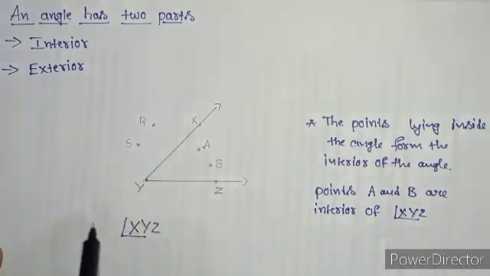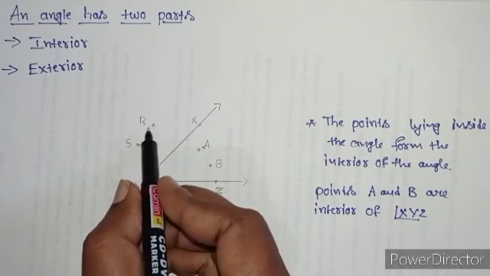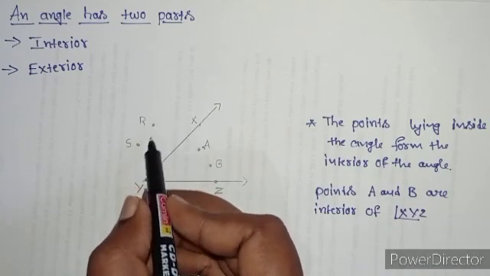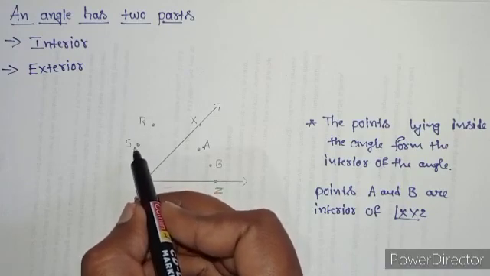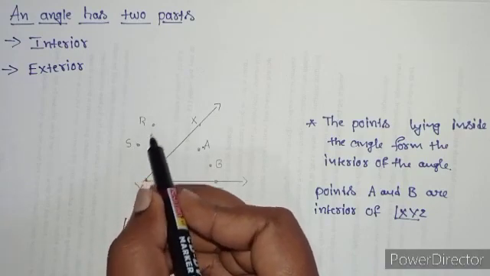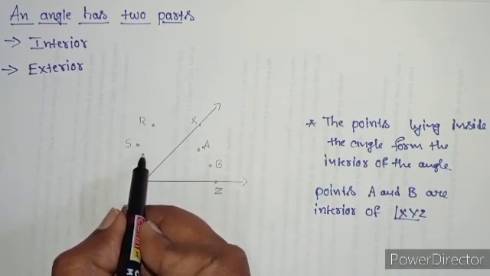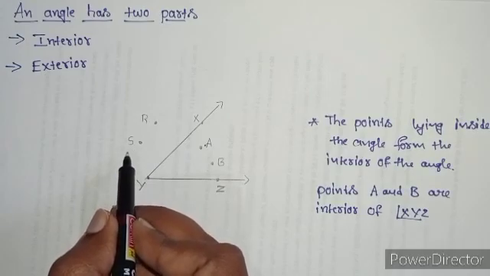Now the outside of an angle. All of you see here, in the outside there are two points, R and S. These points are called the exterior of the angle. The points lying outside the angle form the exterior of the angle.